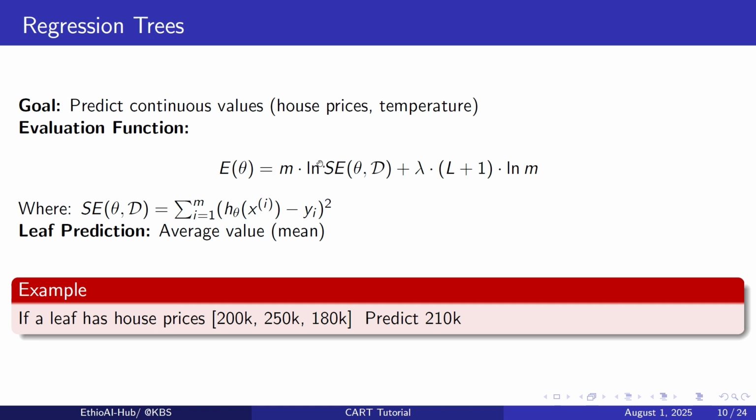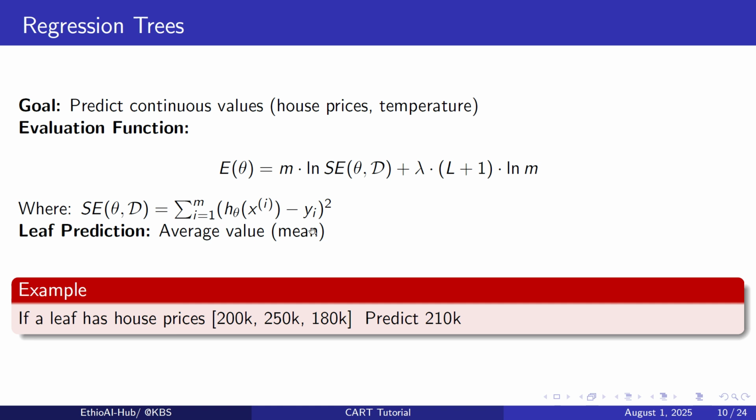We have h naught of xi, this is the prediction we have, minus the true value of y, and that's squared. That is basically what we have as the mean squared error, and the leaf prediction is the average value.